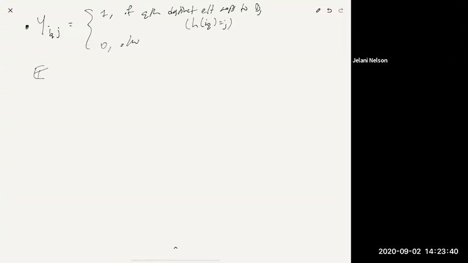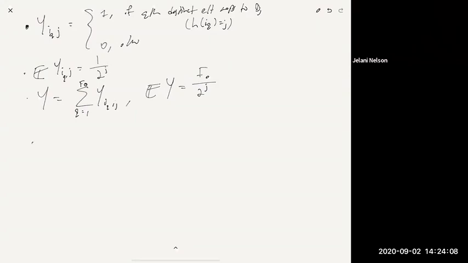So we know that the expectation of y_iqj is equal to 1 over 2 to the j. And if we define y to be the sum, q goes from 1 to f0, of y_iqj, we know that the expectation of y is equal to f0 over 2 to the j. Now, what about the variance?